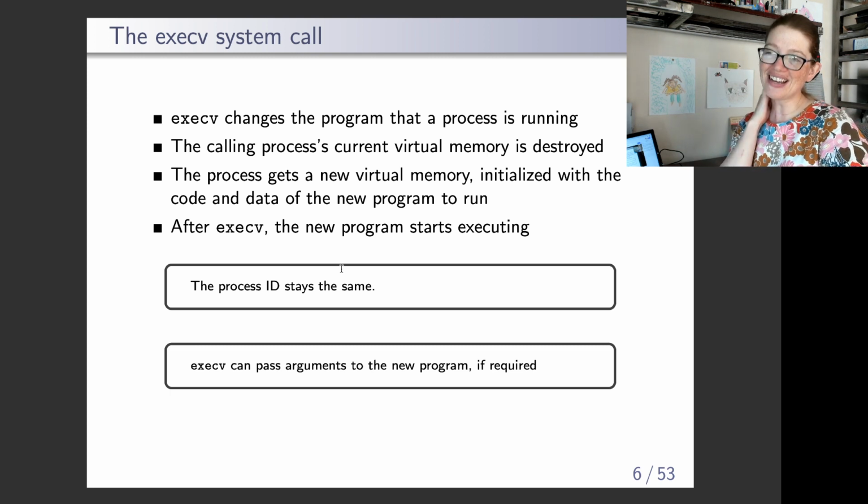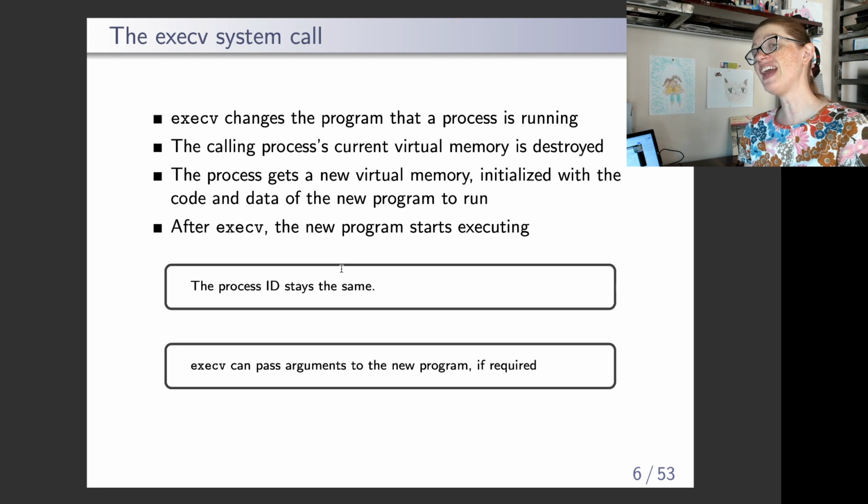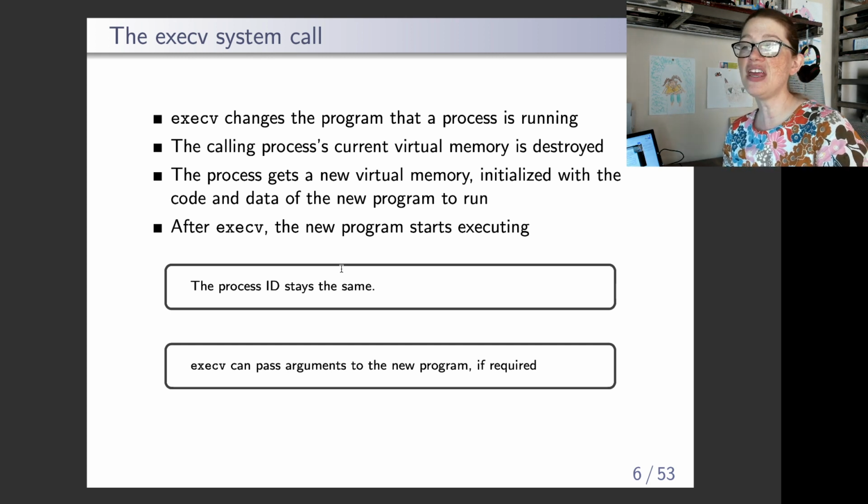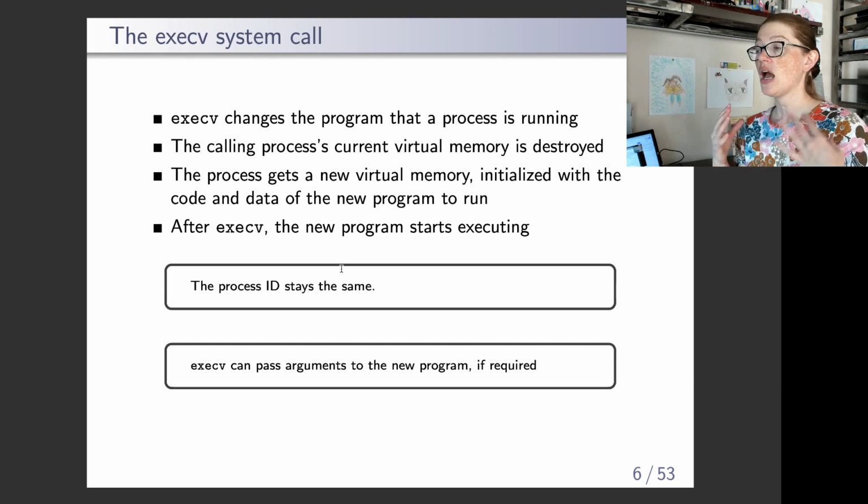What execv does is it changes the program that an existing process is running. So if I had a process that was running MATLAB and I called execv and ran Minecraft, I'm not creating a new process structure. I have the exact same process structure that I had before. My PID does not change.